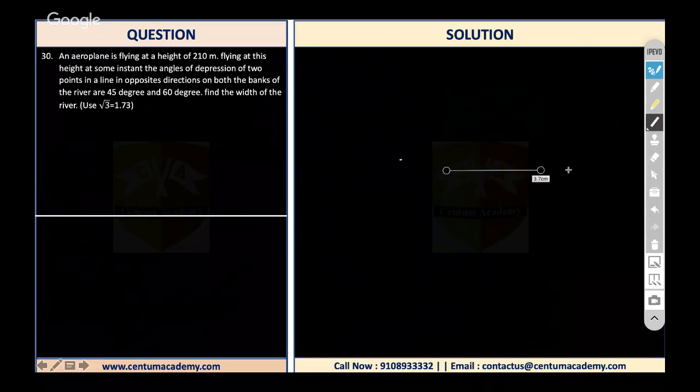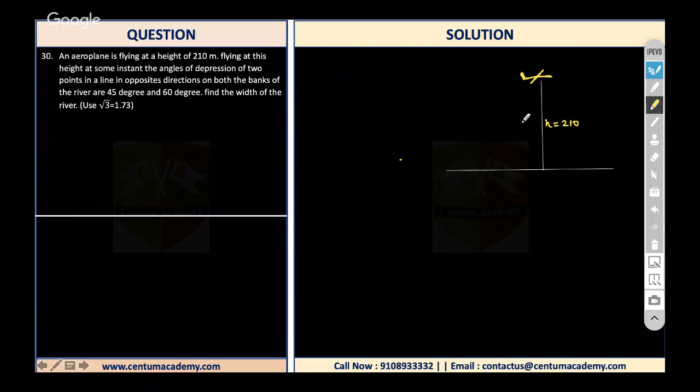It is flying at this height, let's say at a given point, so here is the aeroplane which is moving like that and flying at this height 210 meters. So h is 210.